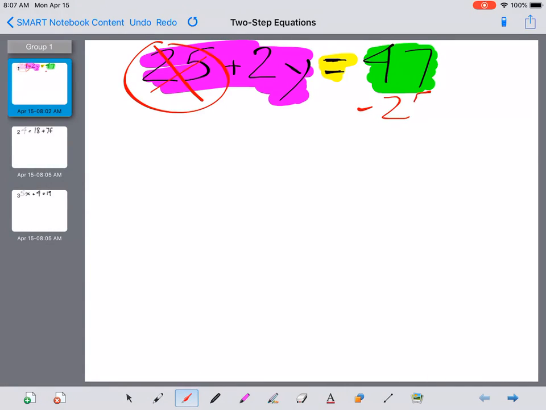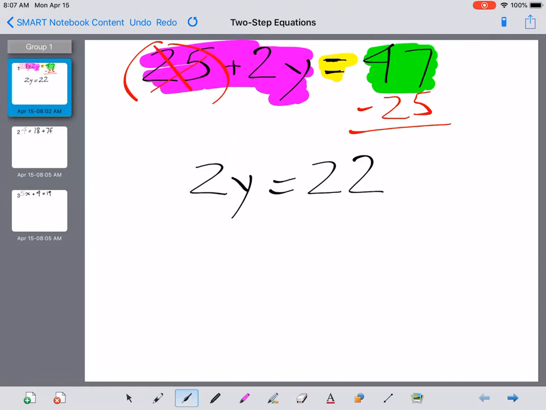A lot of people say subtract on both sides, so you would see this, but I think it might be easier just to eliminate the one side and show it over here. So in any event, we're going to keep that variable term 2y and just do 47 minus 25, which is 22.